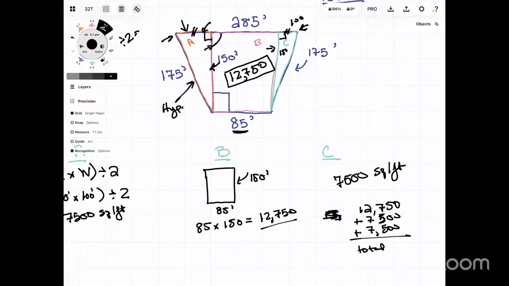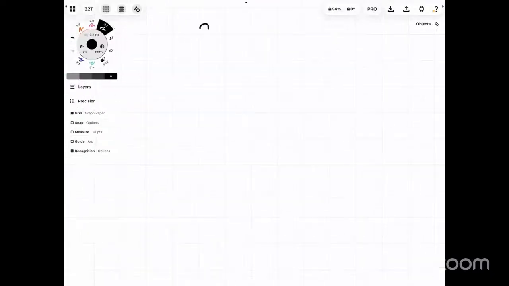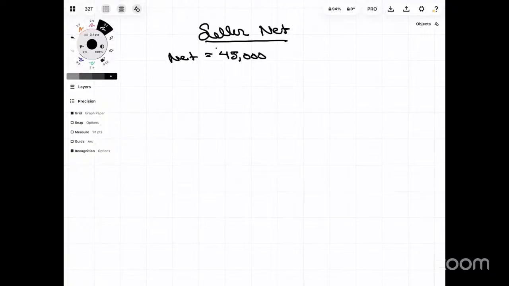Next, you have a seller net problem. This is a very popular problem in a lot of states. The owner wants to net $45,000. So the desired net is $45,000 after paying $2,000 in closing costs, $30,000 on the first mortgage, and $800 in miscellaneous fees.